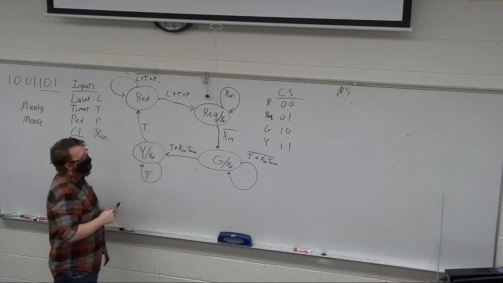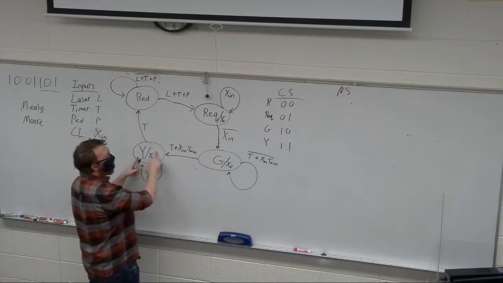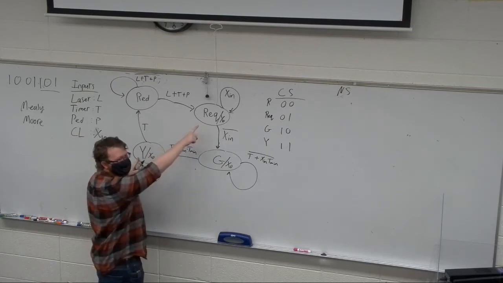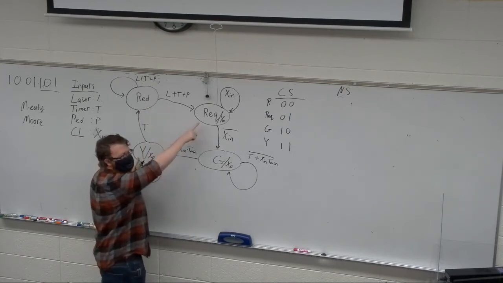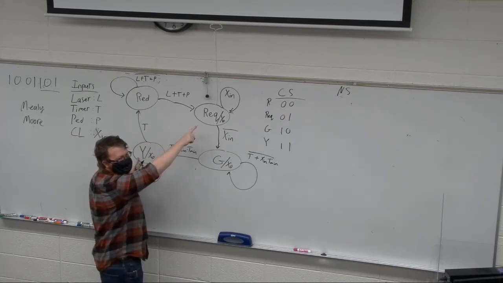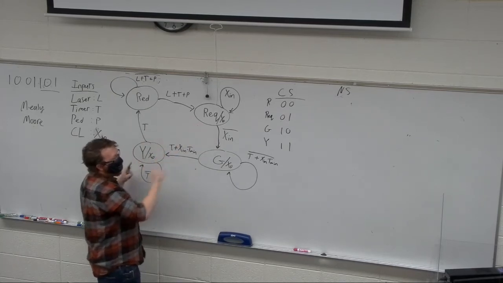If this one had the possibility of going back to request, then maybe we would want to reorder those, because you would want red and yellow to be adjacent since they would have the same potential destination. But they don't right now.